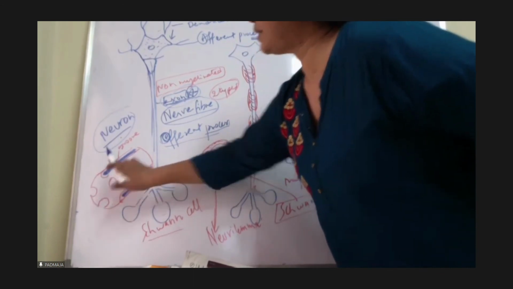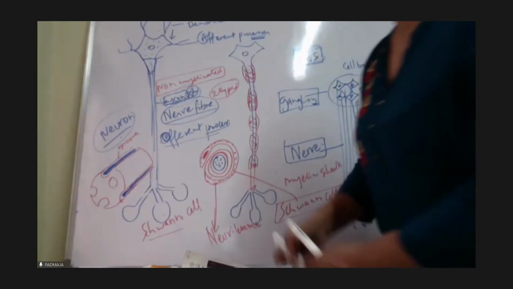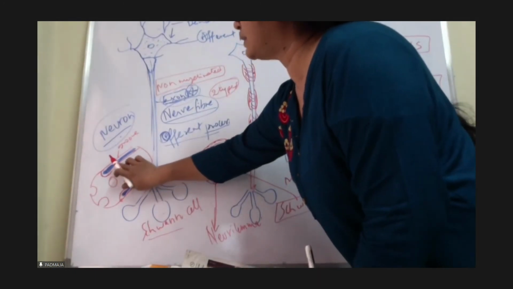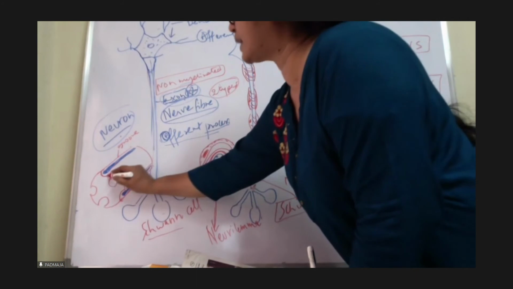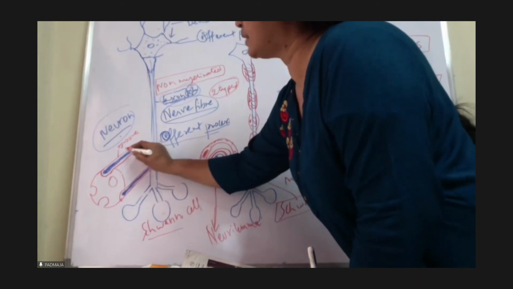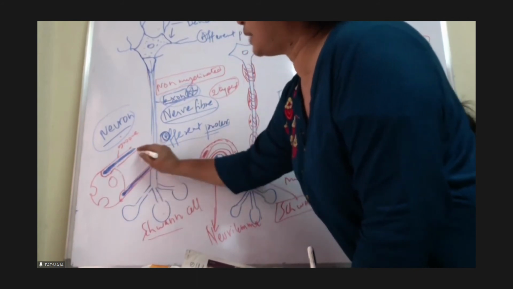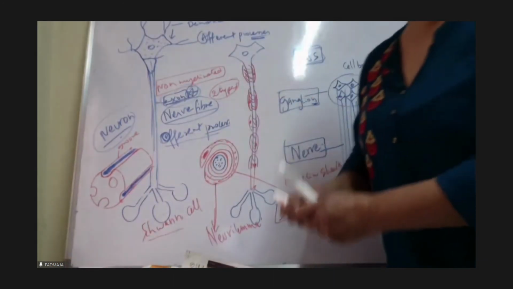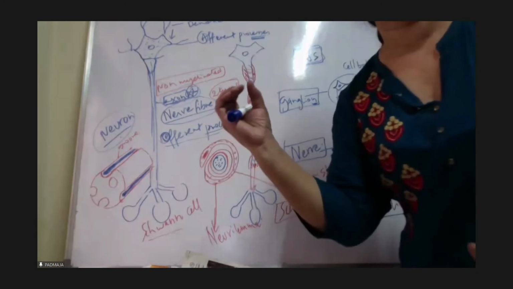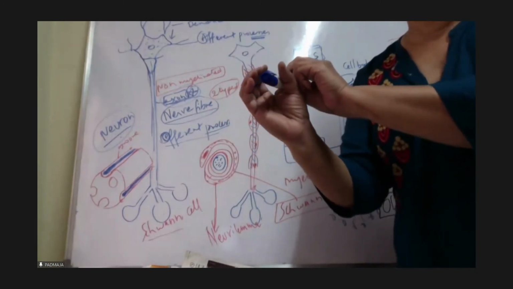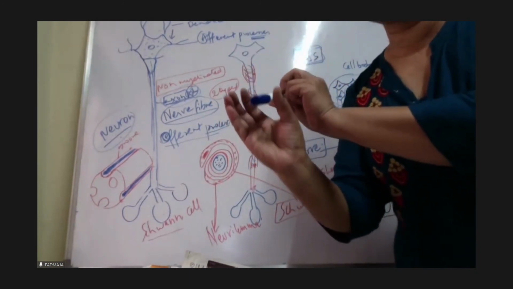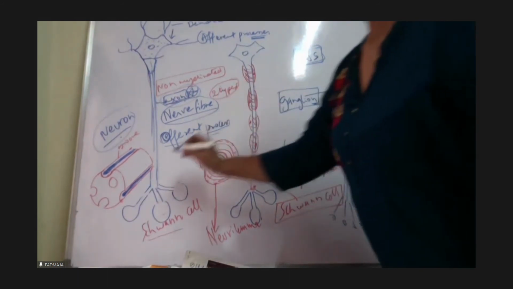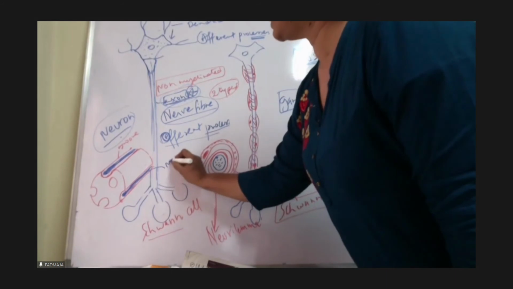So even a non-myelinated neuron is supported by the Schwann cell, but here it is not secreting any myelin sheath. Instead, it provides groove-like structures in which the non-myelinated neuron is enclosed. The blue color is the non-myelinated axon, lying in the groove of the Schwann cell.